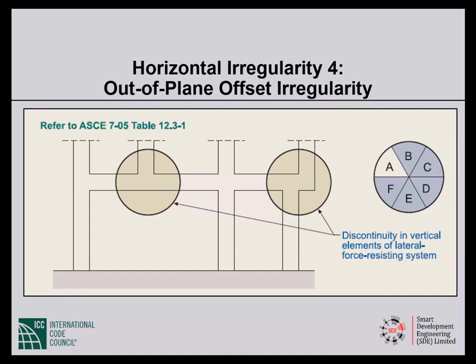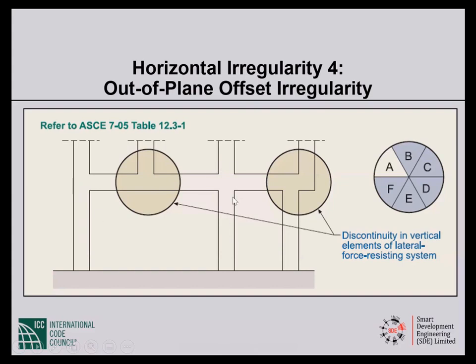Okay. Horizontal type 4, out of plane offset of seismic force resisting system. So this shear wall coming down and then it is supported on column or another shear wall, but there is an offset. This shear wall is coming down and then it makes an offset and goes down those lines.